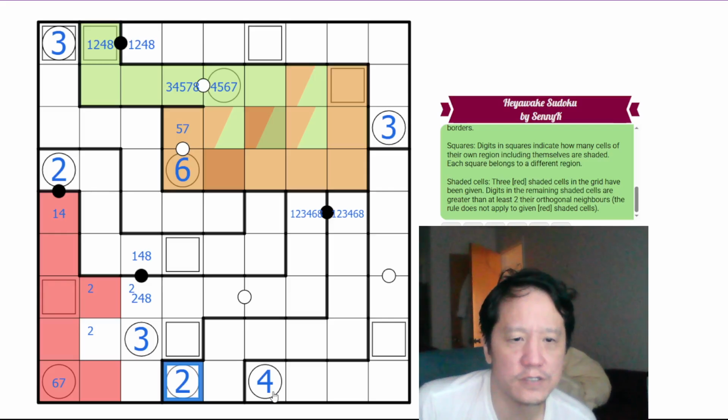This is a shaded cell. We'll make this yellow. And I guess we'll make this blue.